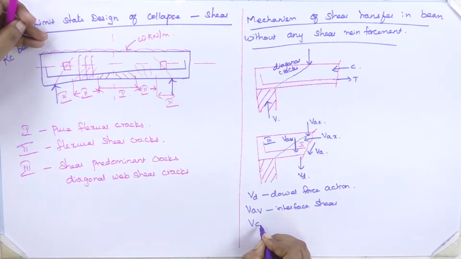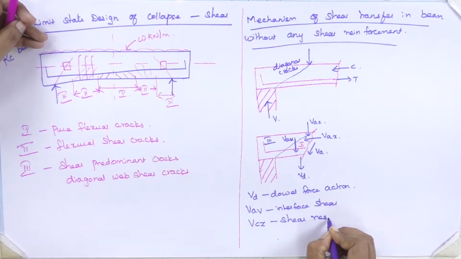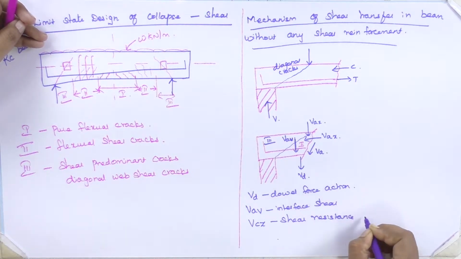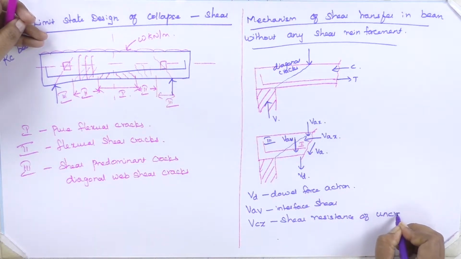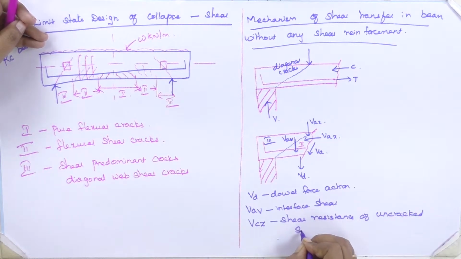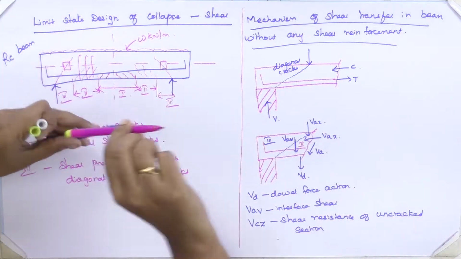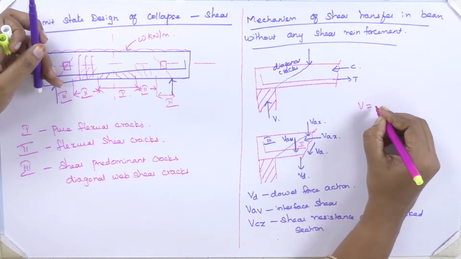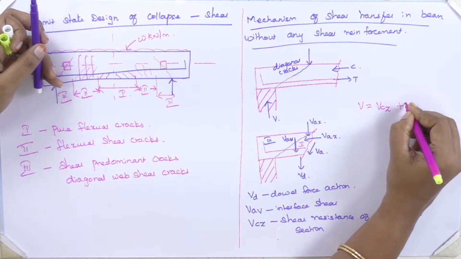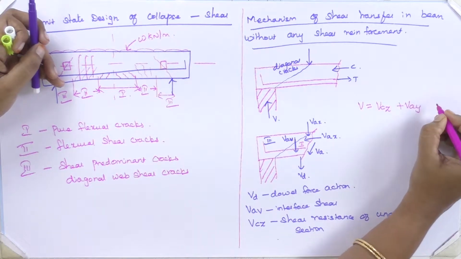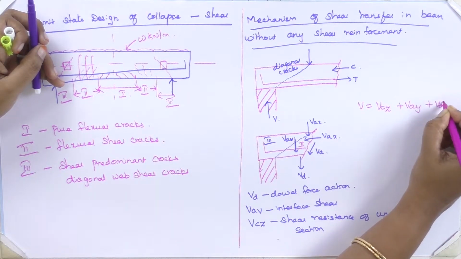Then VCZ is nothing but shear resistance of uncracked section. Before the crack occurs in my section, my section is called an uncracked section. VCZ is my shear resistance of uncracked section. So I can write V is equal to VCZ plus VAY plus VD.